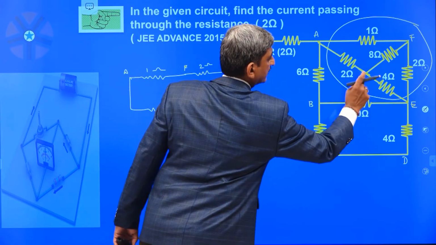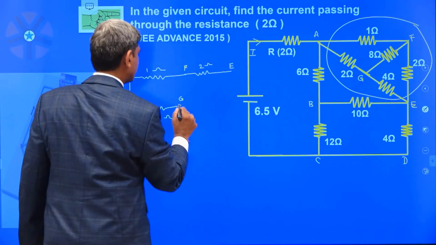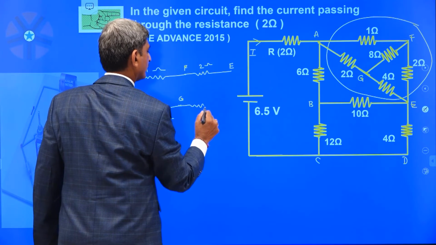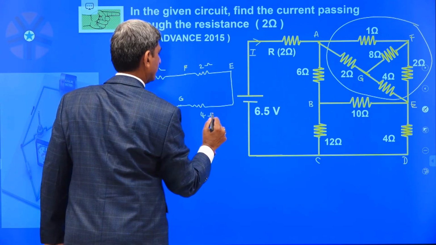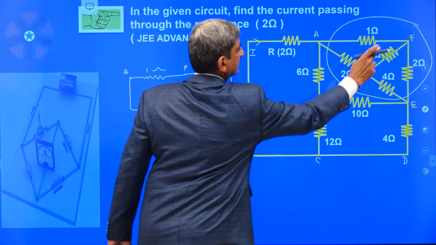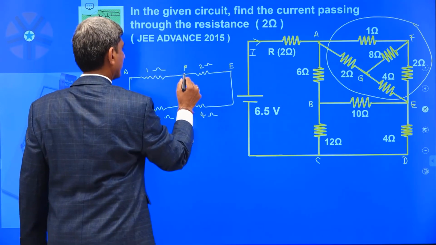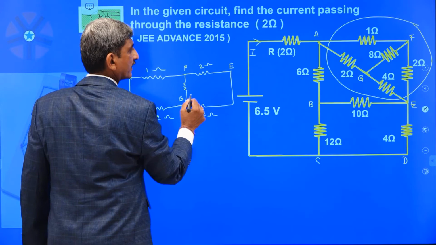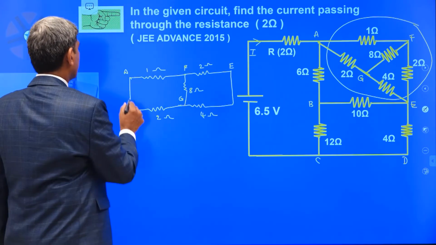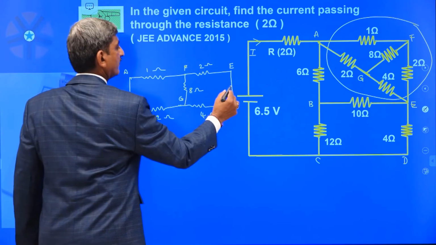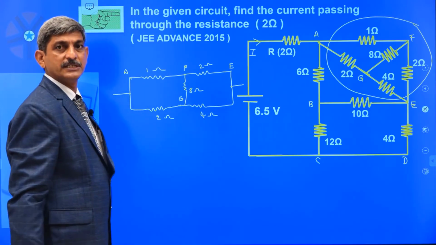Next, between GE 4 ohms. And between GF there is 8 ohms. See, the given circuit is in the form of the Wheatstone bridge.